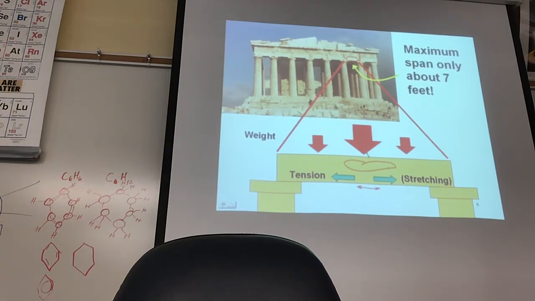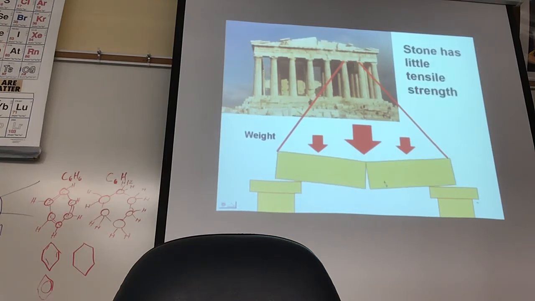Up here, because of the way the force is acting, the stone is actually being compressed. Stone is strong and can resist compression, but it's brittle and can't resist stretching. So if you separate these pillars too much, this is exactly what happens. The stone is going to fracture and break.